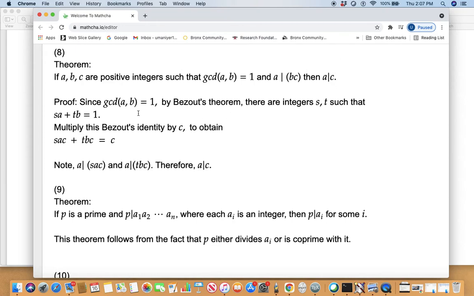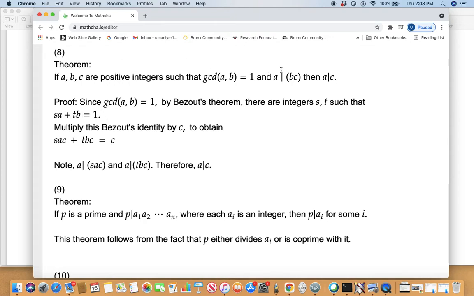Well, why is that the case? Well, the GCD of a and b is 1. What did we say by Bézout's theorem? You should be able to write that GCD as a combination of a and b. sa plus tb equals 1. Multiply this equation by c. sac plus tbc equals c.